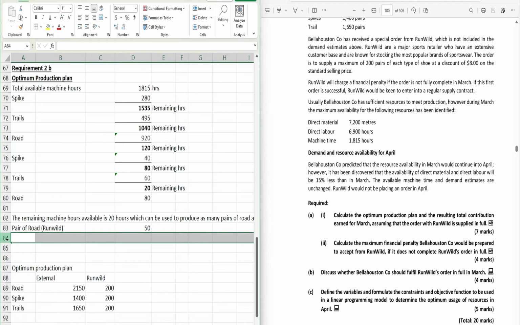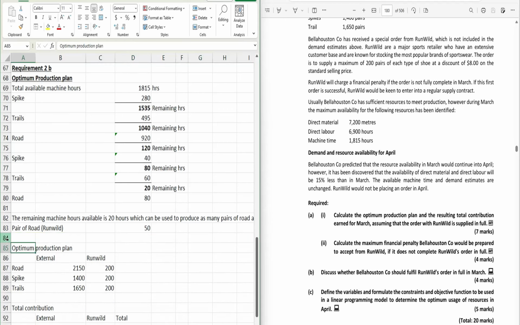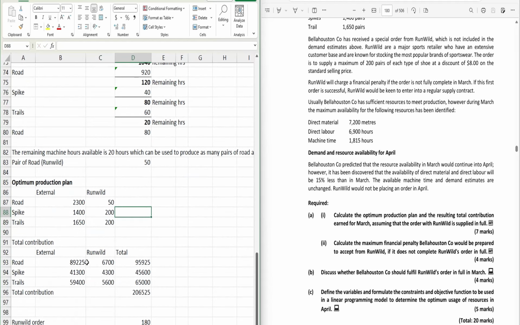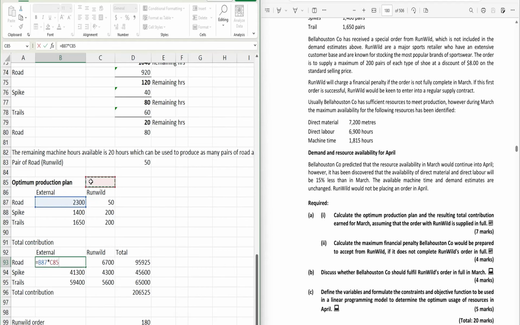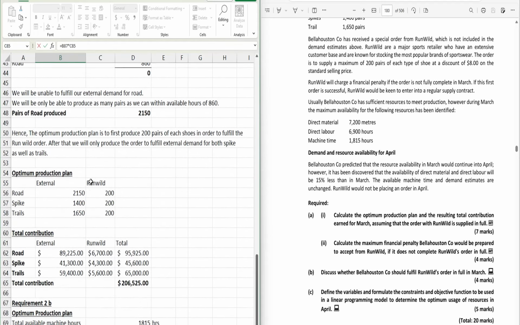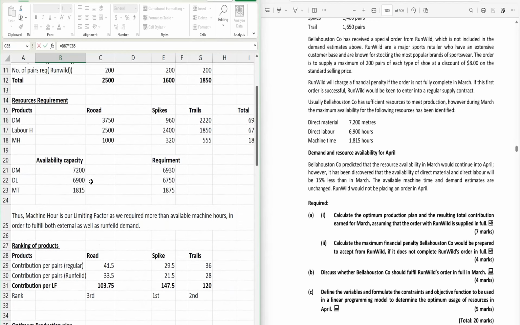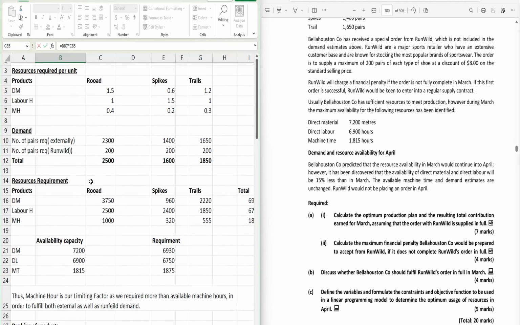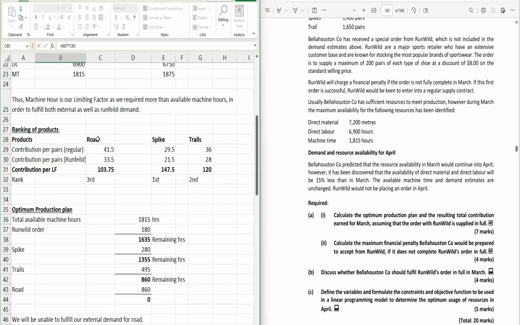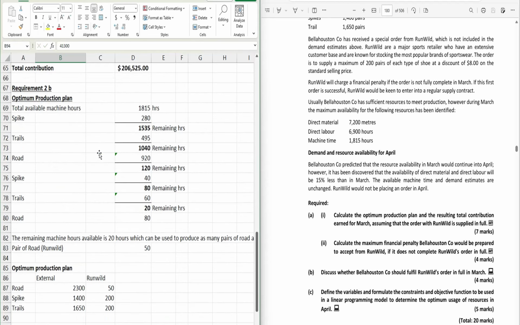So now let's calculate the contribution. What is the optimum production plan? We have satisfied the whole external demand, then we come to road, where we only produce 50. So now our contribution will be this times the contribution for road in case of external demand, road 41.5.